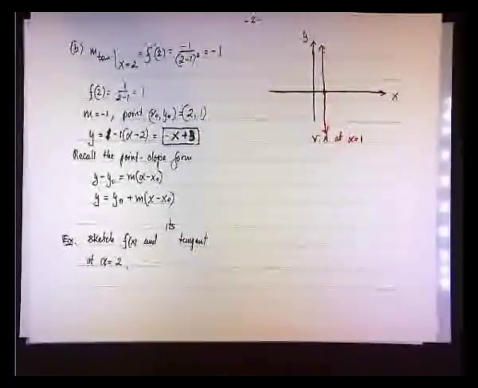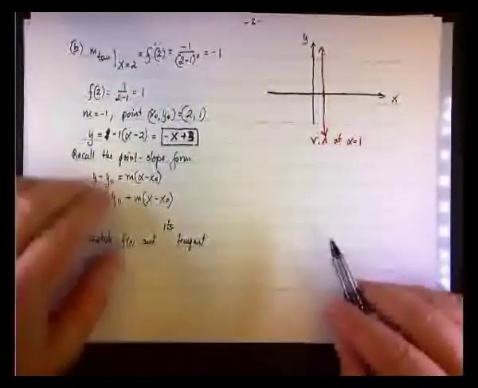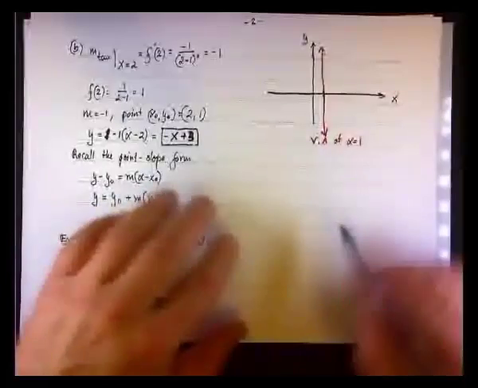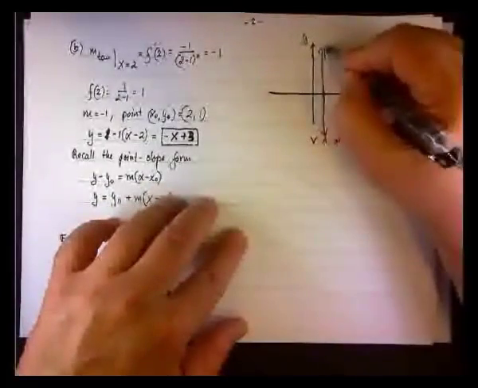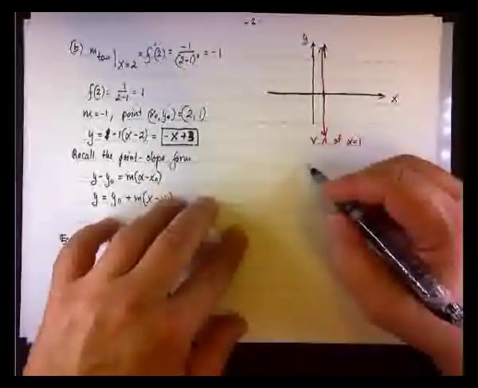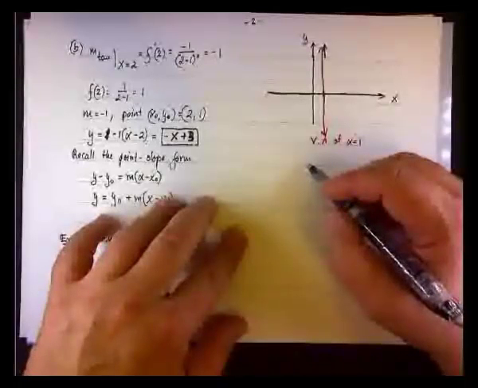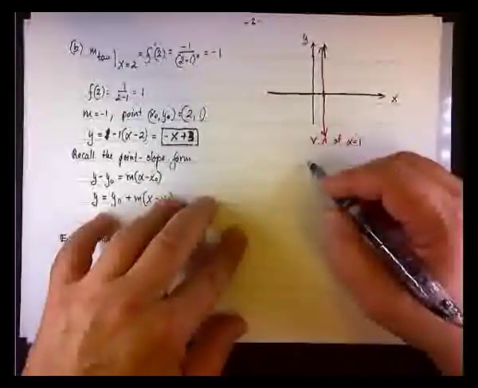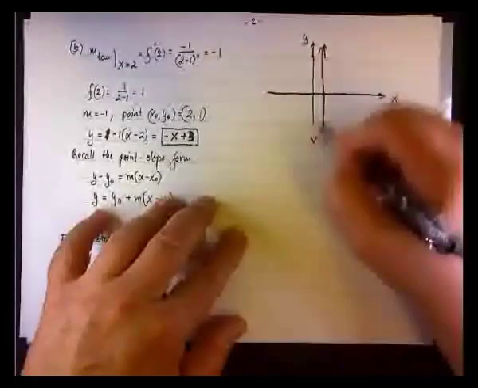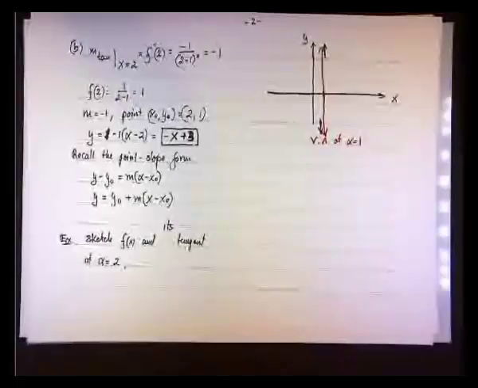To the right, you have positive values. As we come close to 1, the denominator becomes close to 0, and the function will shoot up. As we come close to 1 from the other side, let's say 0.9, then we have 0.9 minus 1, which is negative 0.1, and 1 over negative 0.1 is negative 10. So it will shoot downward, like so. In particular, at x equals 2, we have 1.